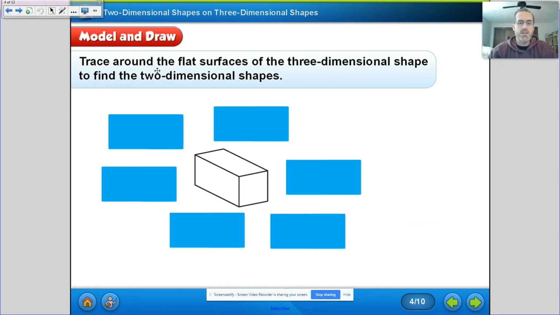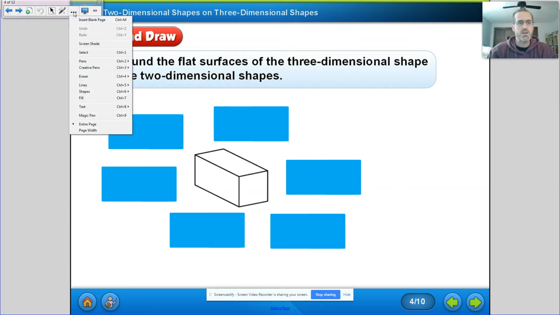Now, it says trace along the flat surfaces of this three-dimensional shape. And remember what this one is? This is a rectangular prism, remember, because it's got rectangles here. And it says trace the flat surfaces of this shape to find the two-dimensional shape. So let's get our regular pen.